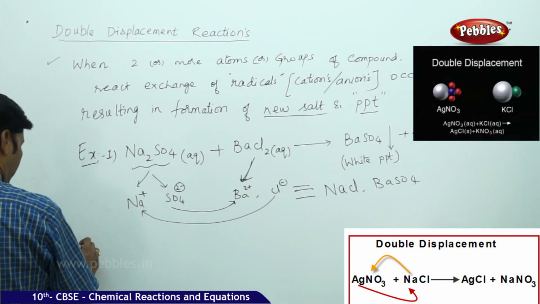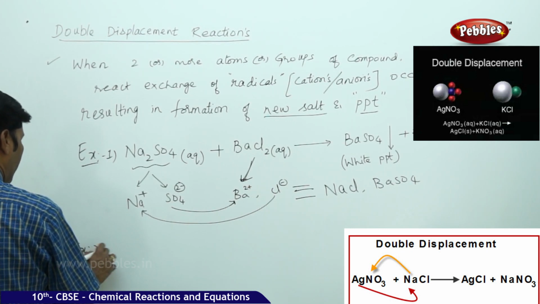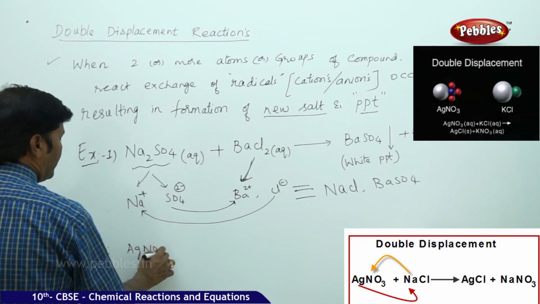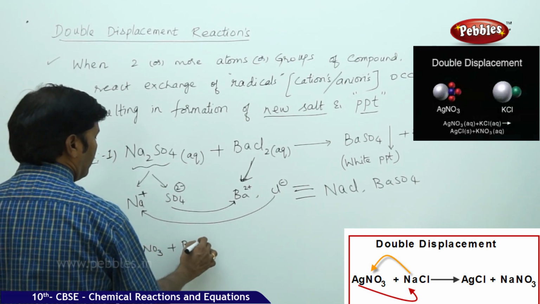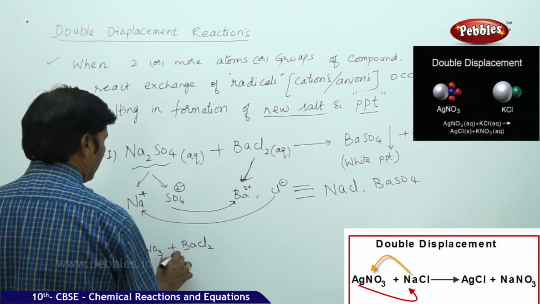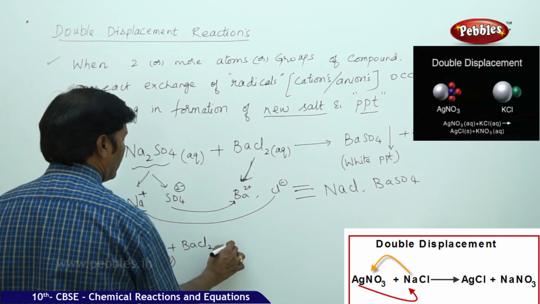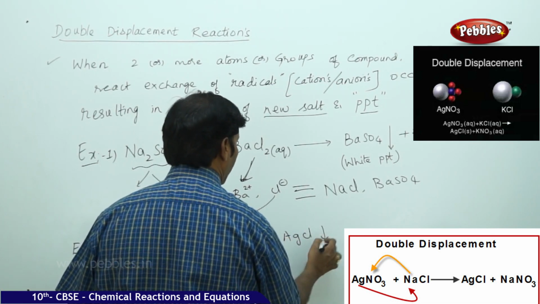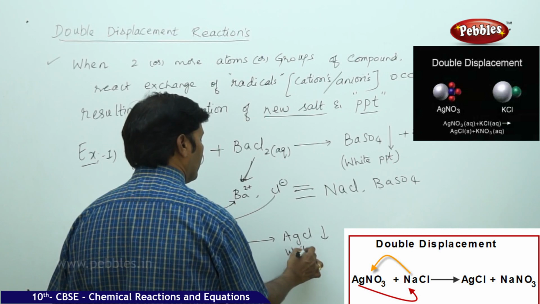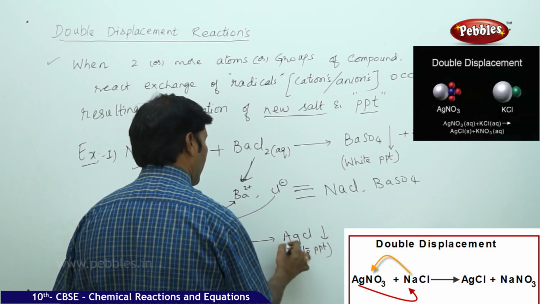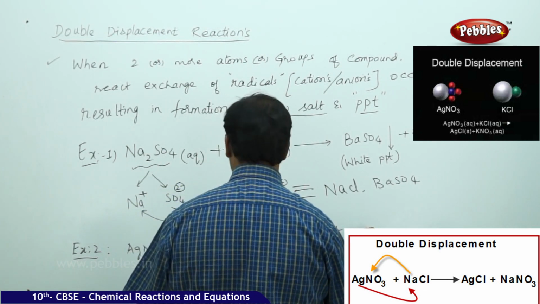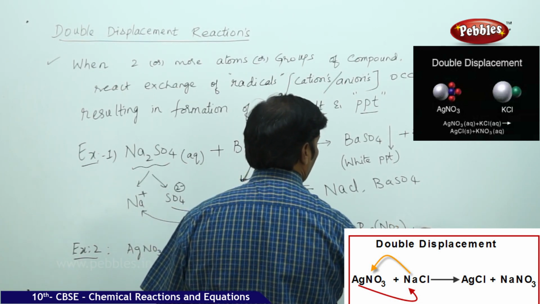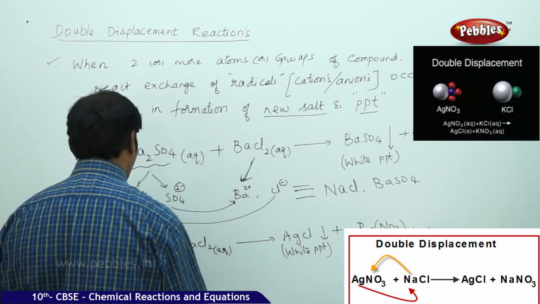This is example 1. Now example 2: silver nitrate reacts with barium chloride aqueous. Again we get AgCl, a white precipitate, plus barium nitrate aqueous. What are the ions taking place here?